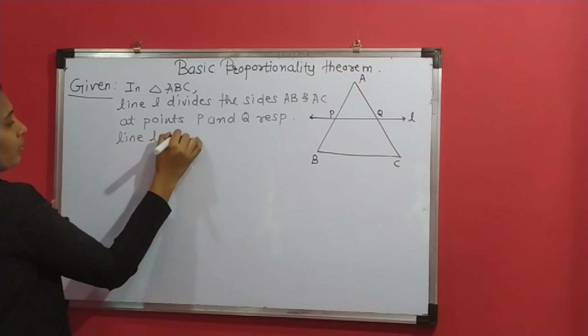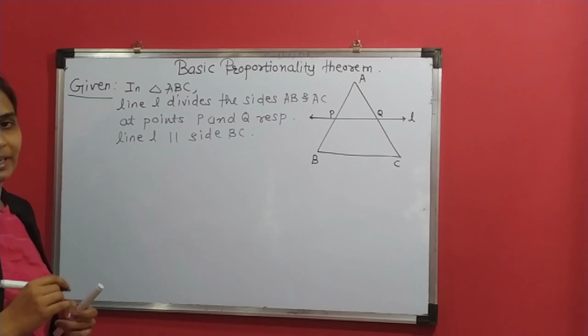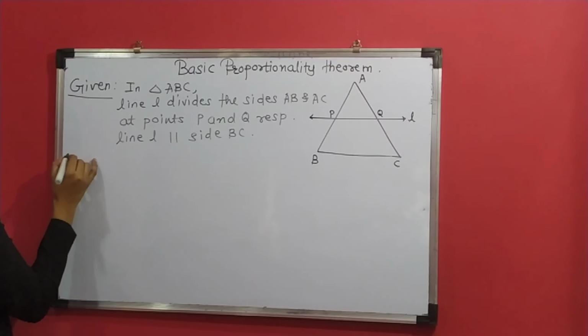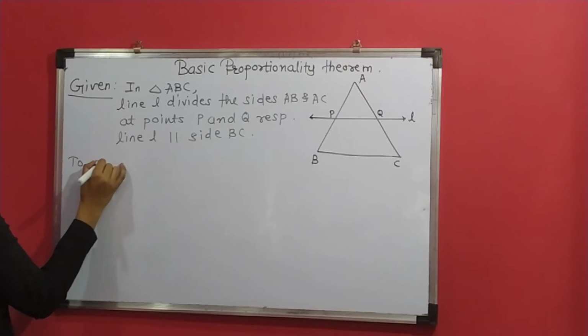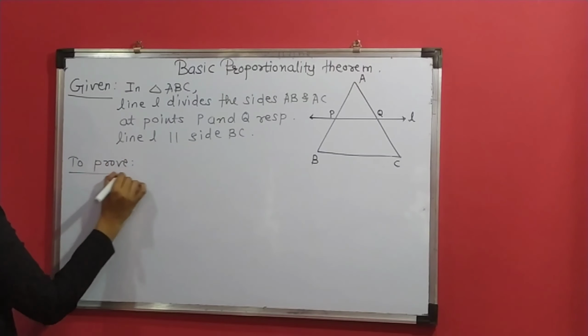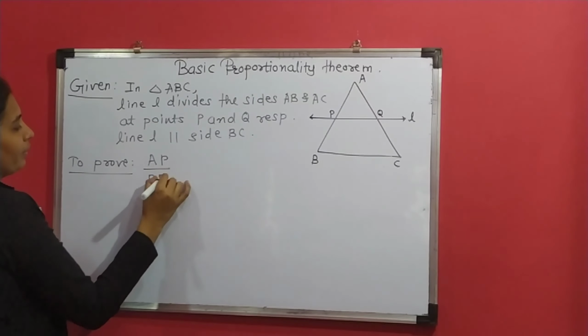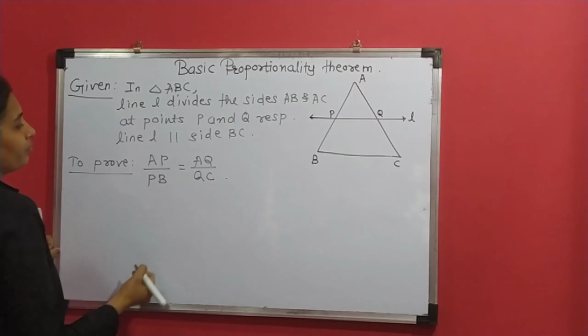Line L is parallel to side BC. This is given. And what we have to prove? I will write here, to prove: AP upon PB equals AQ upon QC.